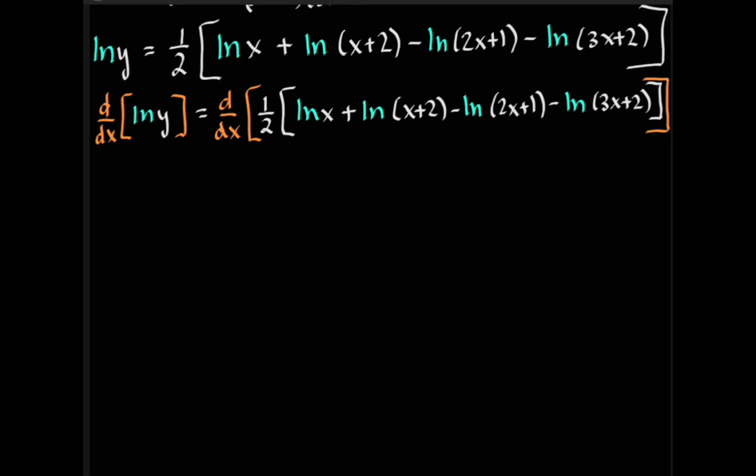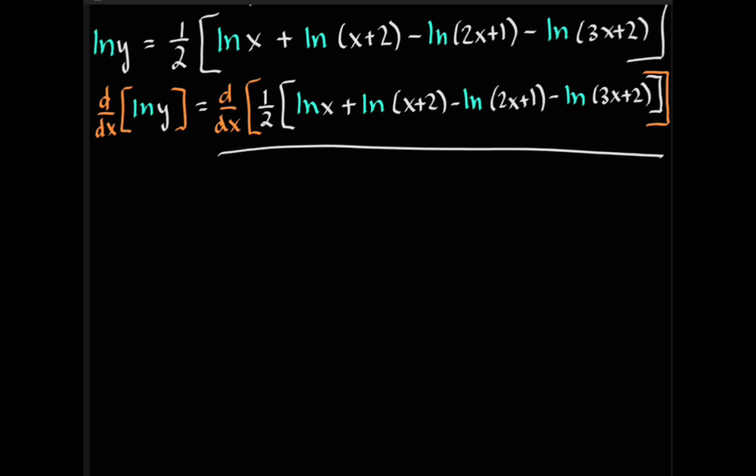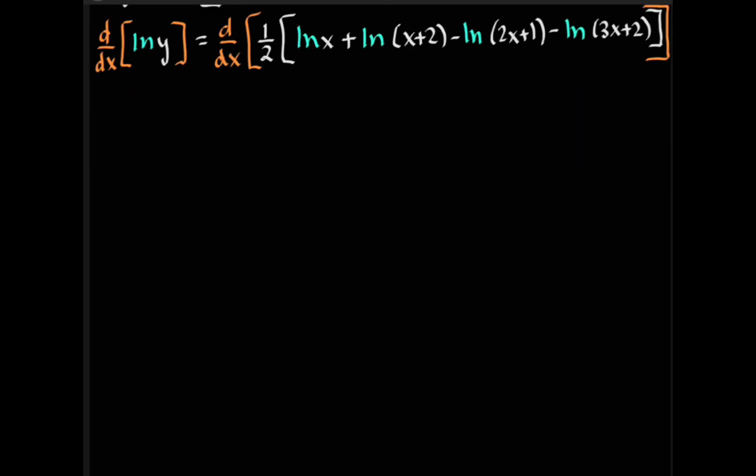Now that we have our function in the most simplistic form that we're going to get it, we can go ahead and take the derivative of both sides. That's the derivative of ln y on the left and the derivative of this whole function on the right. On the left side, we're taking the derivative in terms of x of a y function. With that, you'll take the derivative of that y function just like you normally would, as I would for ln x.